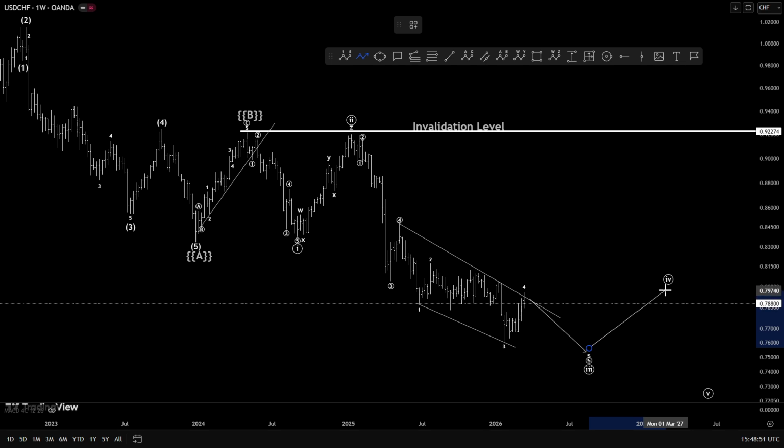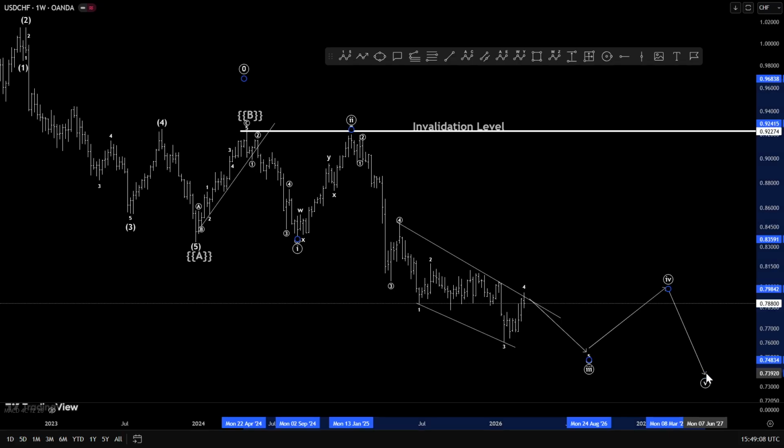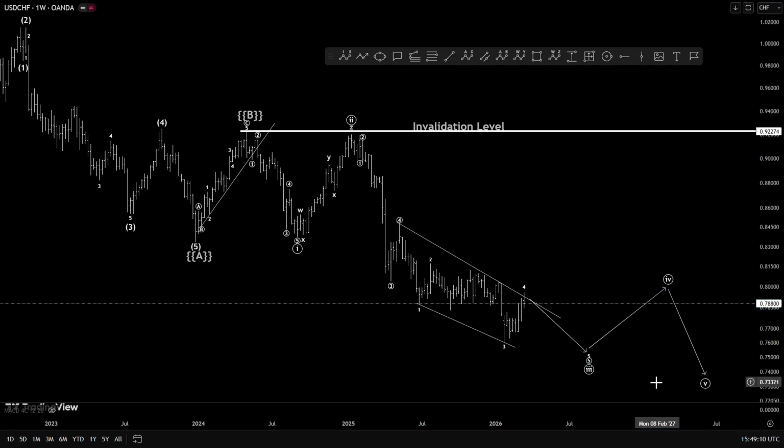After wave 4 correction, then we're going to complete this 5 structure, which will break the point of wave 3 that we have not yet hit. Just showing you the forecast of how it's going to be.